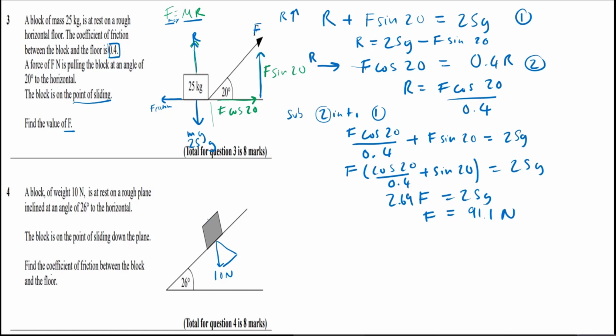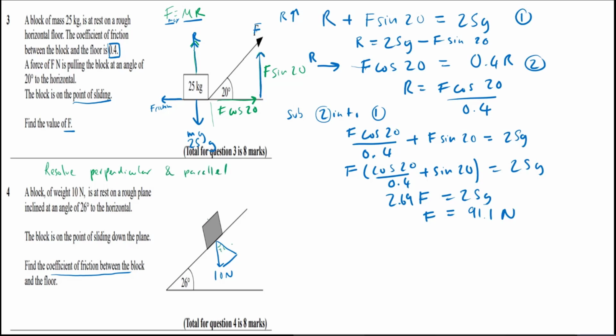And this says find the coefficient of friction between the block and the floor. Now this time we resolve. Let's give you a clue. Because at an angle we resolve perpendicular and parallel this time.